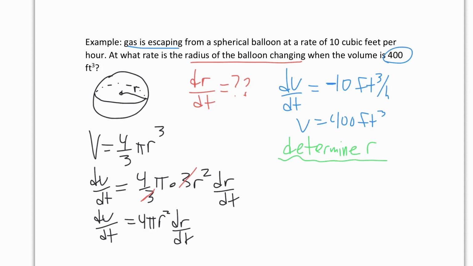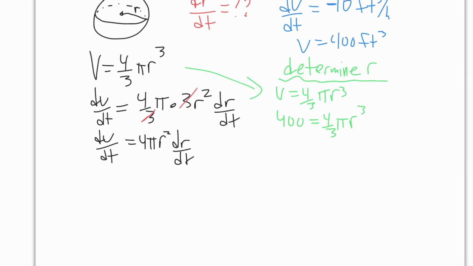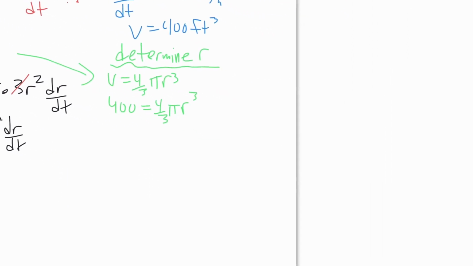Well, again, we tend to use our initial equation. So we know that V is equal to 4/3 pi r cubed. So 400 equals 4/3 pi r cubed. And we can definitely use that to solve for r. So let's go ahead and work on that here. We want to determine r. So we could multiply both sides by 3, divide by 4.